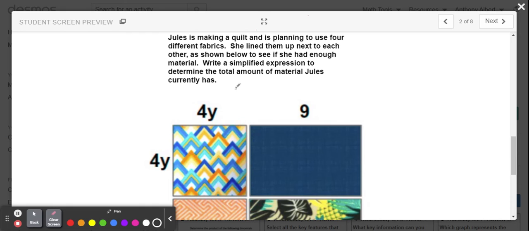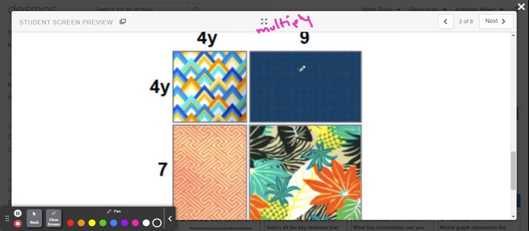Write a simplified expression to determine the total amount of material Jules currently has. Now, if you look at this, it should look like what we were just doing, area model, right? Side times side. You have 4 different sections. You have 1, 2, 3, 4.